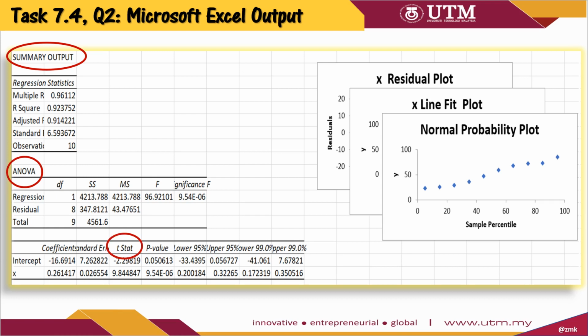I need to remind you that Excel gives you the output only, but when you want to perform a complete analysis, you must provide the complete statistical hypothesis test procedure as you did manually before, such as writing the hypothesis statements H0 and H1, writing the decision rule, and making the decision and conclusion accordingly. Let's look at the output more closely in the subsequent slides.